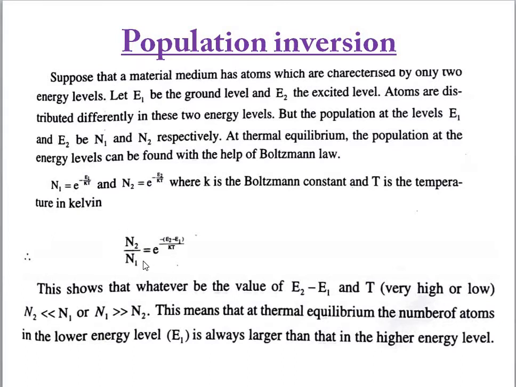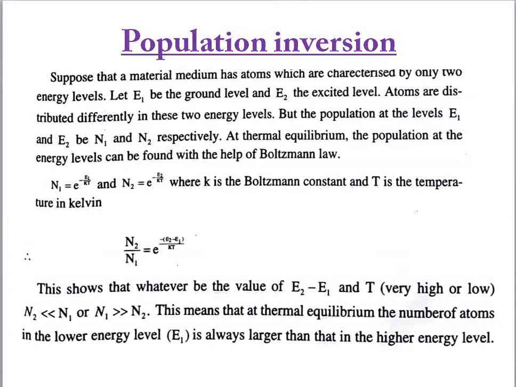Okay, so N1 is more populated than N2, and that's why normally at thermal equilibrium the lower energy state, or ground state, has more electrons than the excited state. This is the normal condition. So that is the normal population condition of an atom.